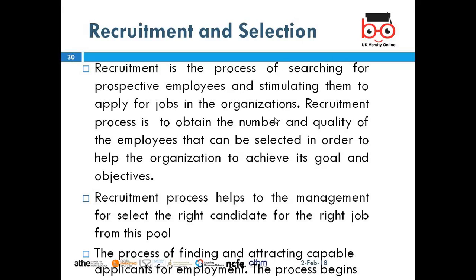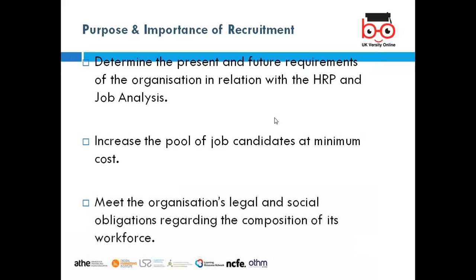The recruitment process obtains the number and quality of employees that can be selected to help the organization achieve its objectives. So the first step is recruitment, and selection comes after recruitment. Selection is a part of recruitment, we can say it the other way.